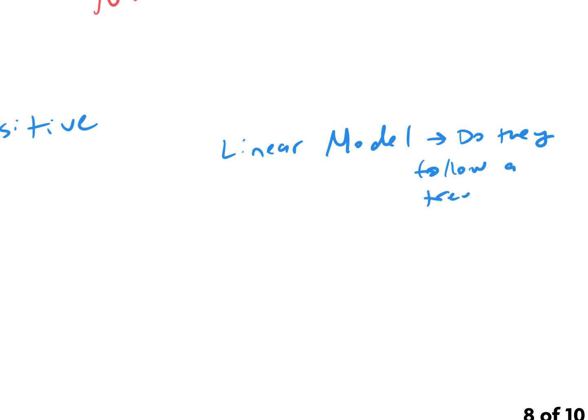You could have outliers, but for the most part, there should be an upward trend or a downward trend. Associations are connected to the slope of the graph. So if there's a positive slope for the linear model, then there's a positive association. Negative slope, then there's a negative association. No linear model means there's no association, okay?